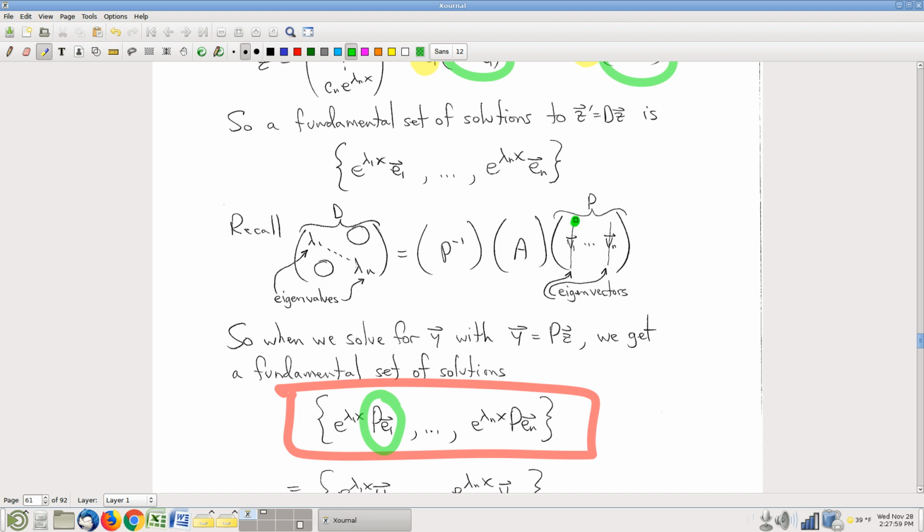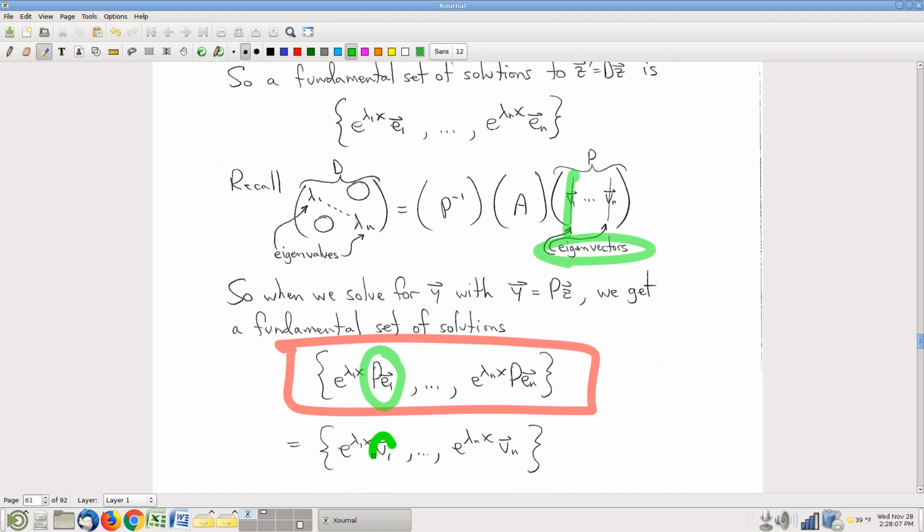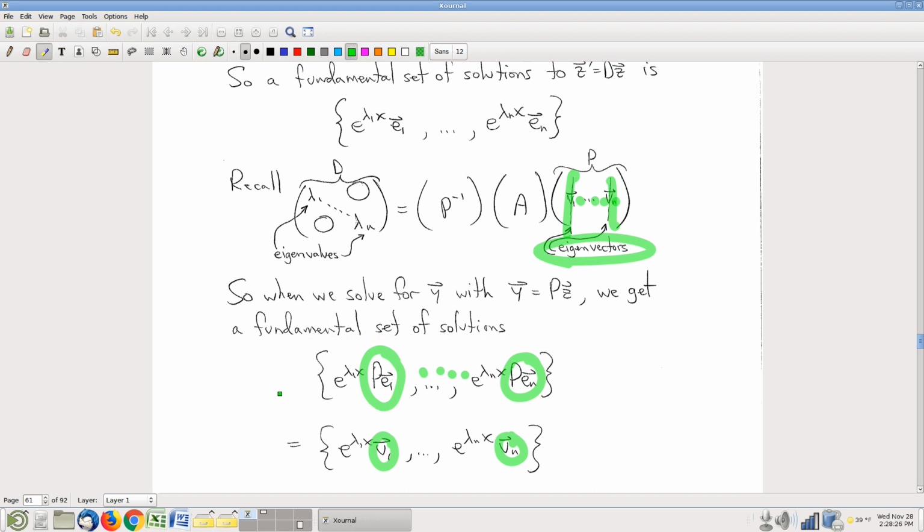So you get that first eigenvector, v1, and so on. The rest of these, you pick out the corresponding eigenvectors. So these are all just those columns of P, namely the eigenvectors of the change of basis matrix. Okay, so this is our final answer right here.